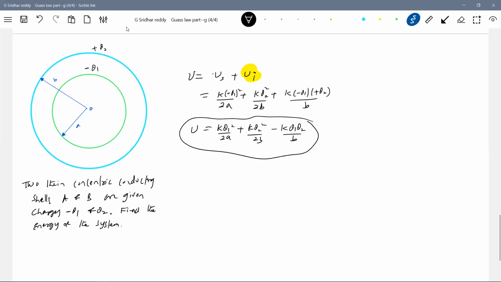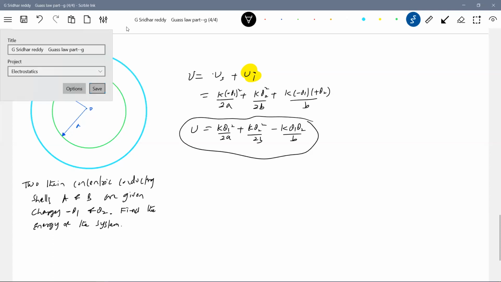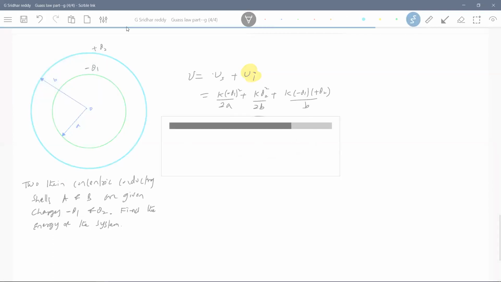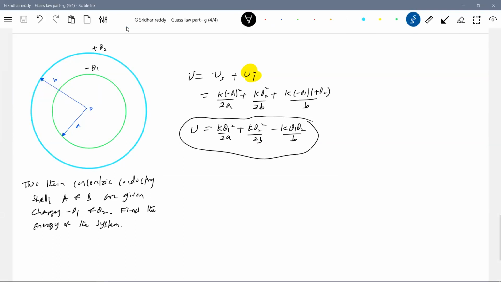Now, slowly we'll go to this: what is the self energy of a point charge? Anybody wants to answer? Because I'm asking since you know very good maths. It is a maths related question. What is the self energy of a point charge?